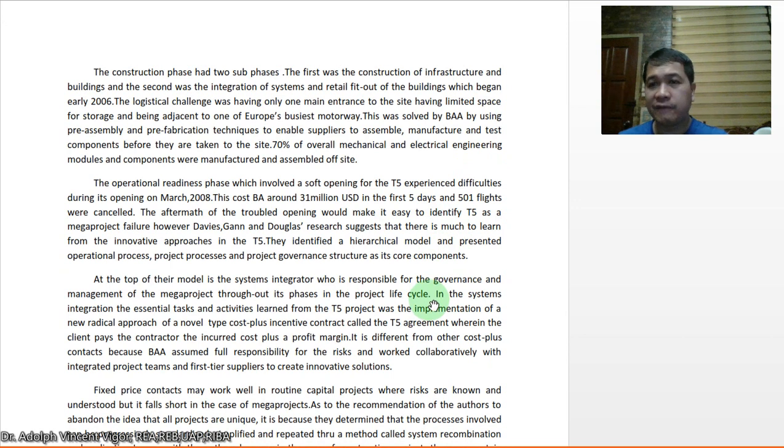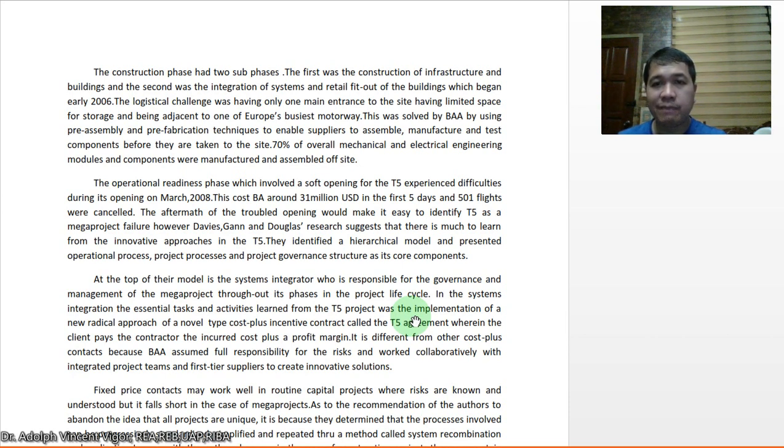The construction phase had two subphases. The first was the construction of infrastructure and buildings. The second was the integration of systems and retail fit-out of the buildings, which began in early 2006. The logistical challenge, excuse me, was having only one main entrance to the site, having limited space for storage, and being adjacent to one of Europe's busiest motorways.